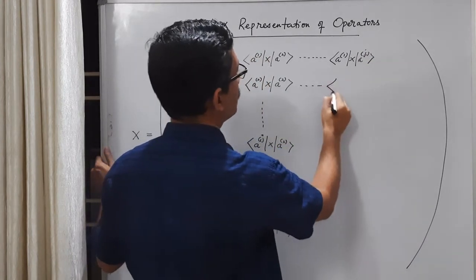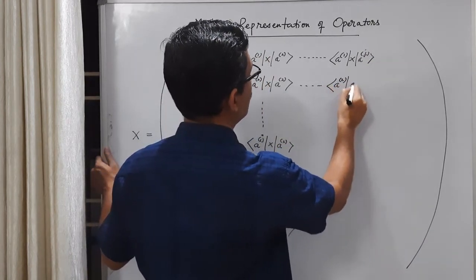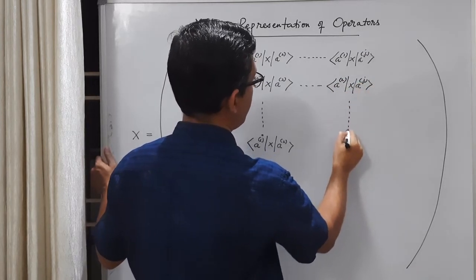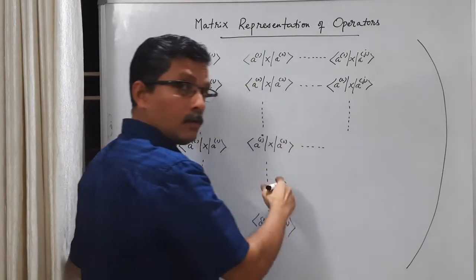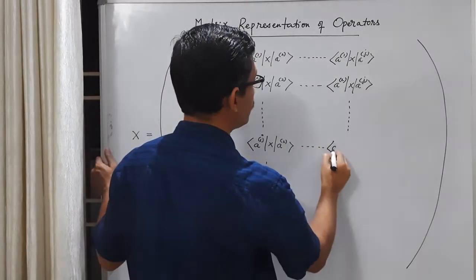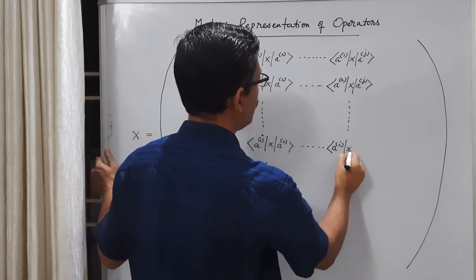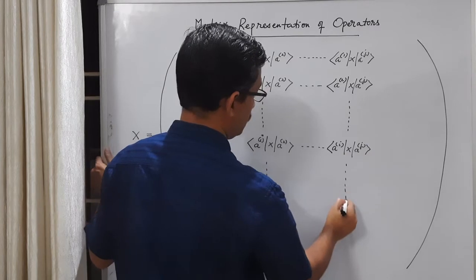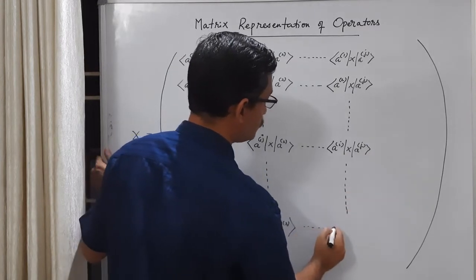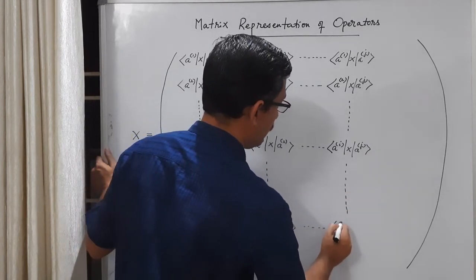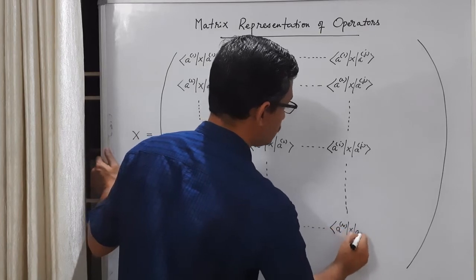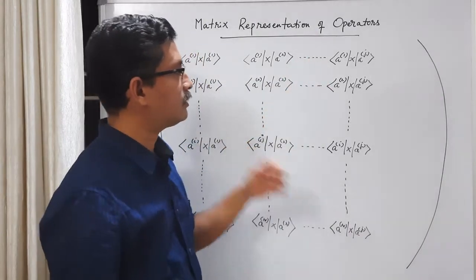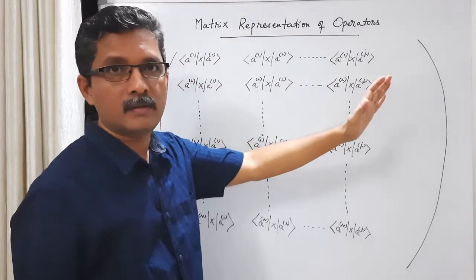Second row, jth column: ⟨a2|x|aj⟩, etc. Ith row, jth column: ⟨ai|x|aj⟩, etc. Now nth row, jth column: ⟨an|x|aj⟩. So we considered the jth column, and how many columns will be there?